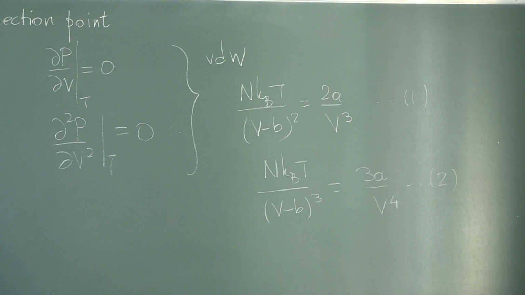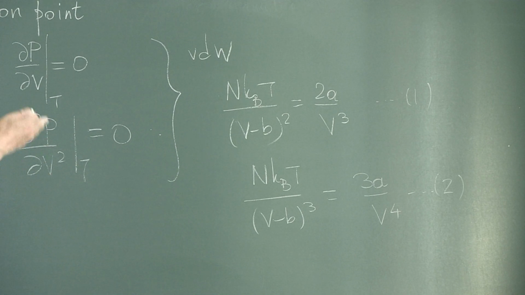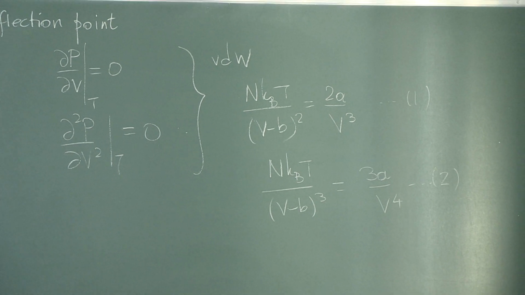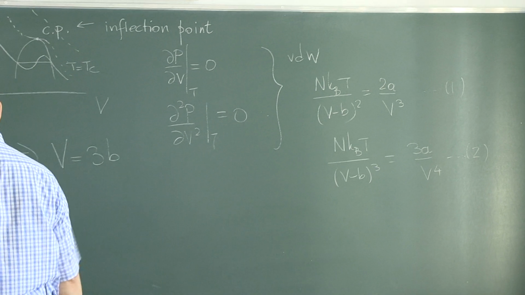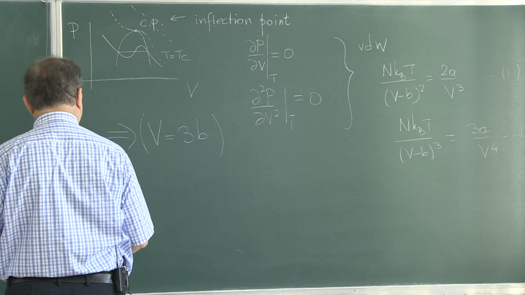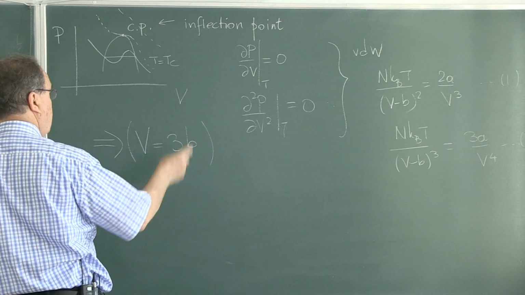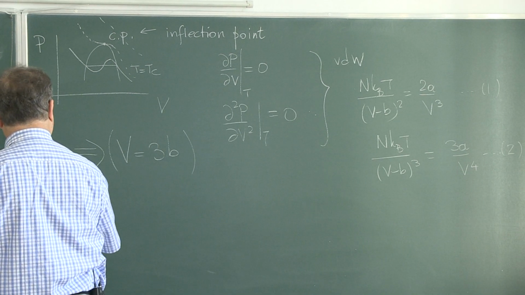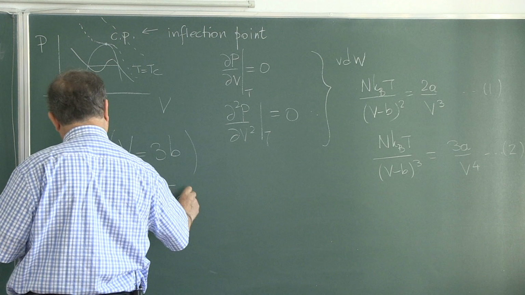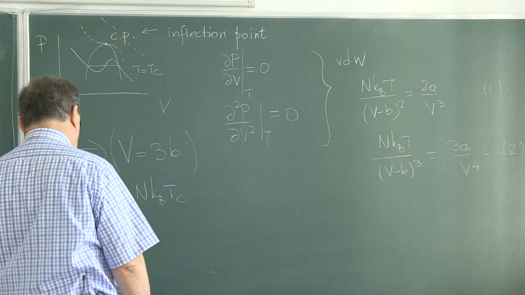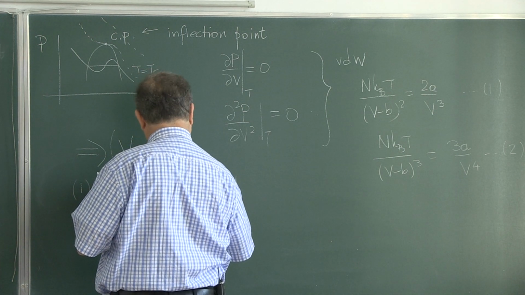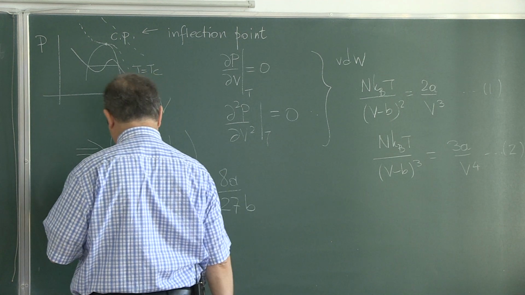Well, you can relate this 1 and 2 to find V equals 3b. So that if you use this in number 1, gives you n kB Tc at critical temperature. You get the following result, 8a divided by 27b.